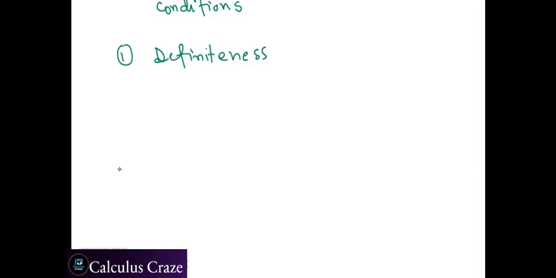Definiteness means, when I say distance I mean metric, if this map is applied on x and y, it is 0 if and only if x and y are the same point or the same element.